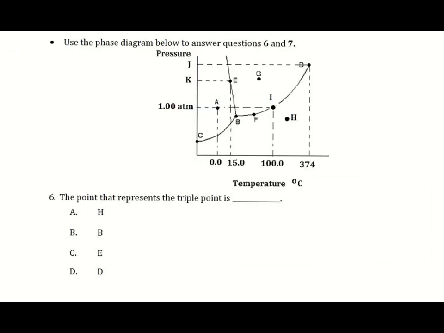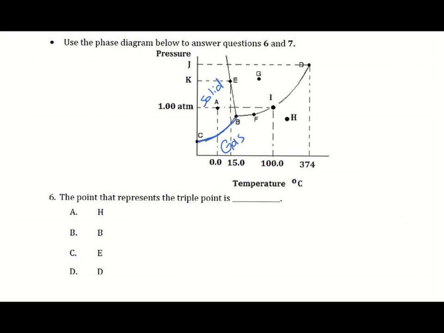Let's see this question about the phase diagram. The point represents the triple point as. Let's label the whole diagram, all the letters. The line CB is the equilibrium between the solid and the gas phase.